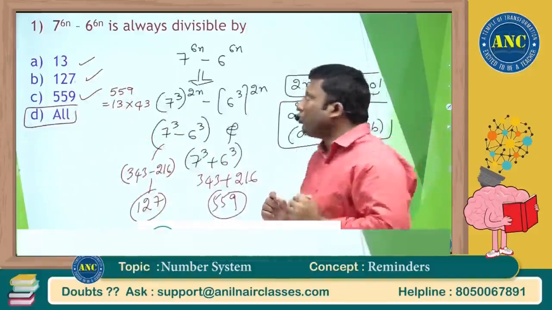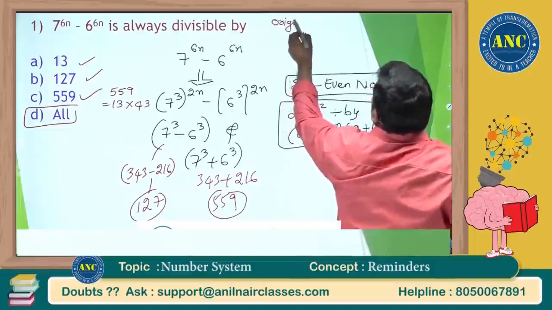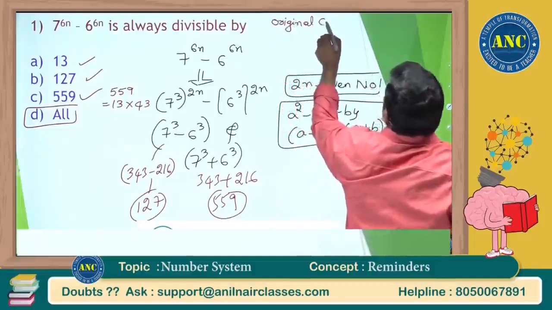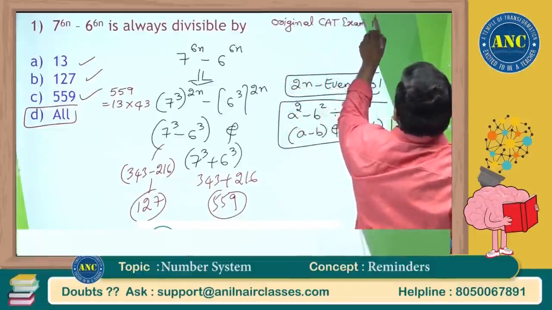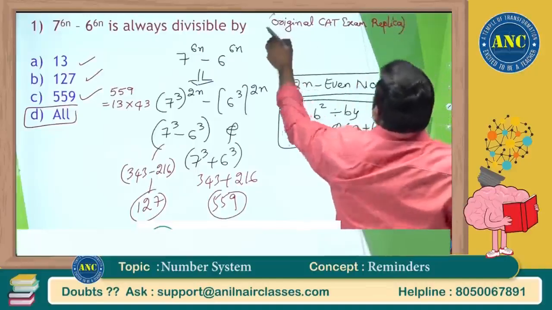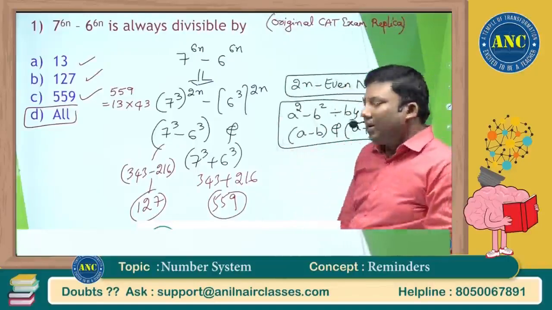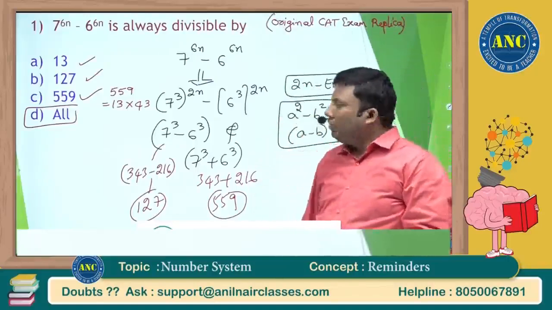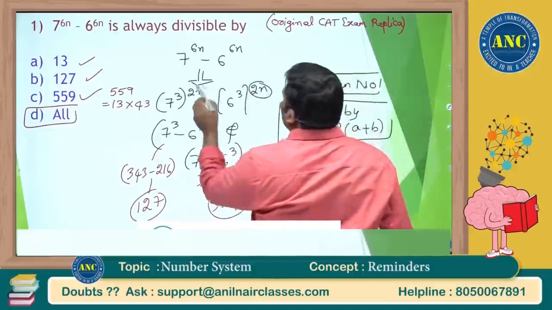Very, very beautiful question and an original CAT exam replica question. 7 power 6n minus 6 power 6n is nothing but 7 cube power 2n minus 6 cube power 2n. So 2n is an even number.